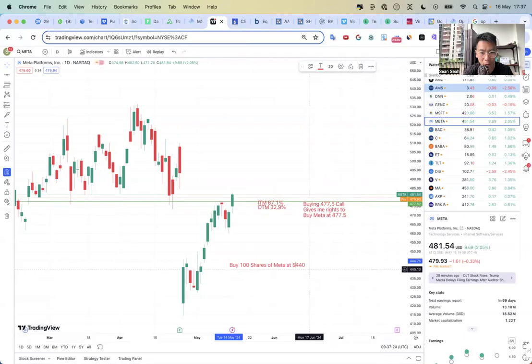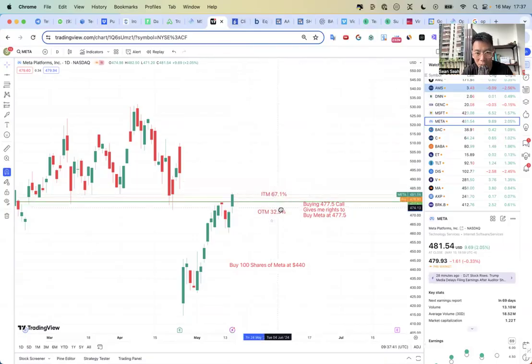After buying Meta shares at 440, as the share price goes up, we can sell a call option. When we sell a call option of 477.5, it gives us income, a certain amount of money. If we actually sell a call at 477.5, there is only a 32% chance we'll be out of the money.